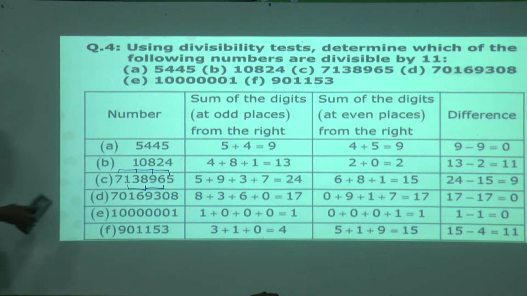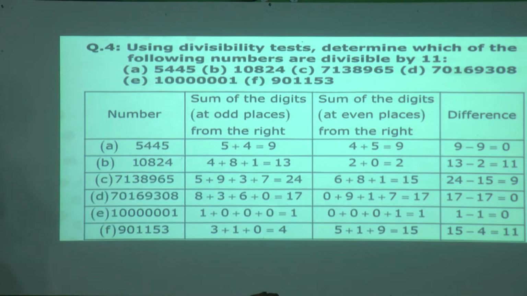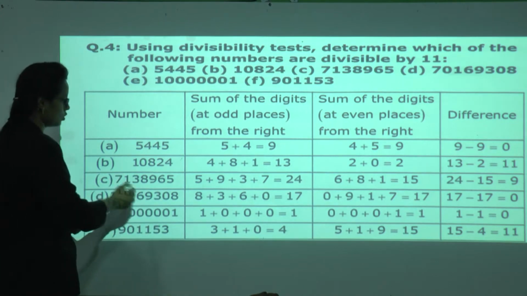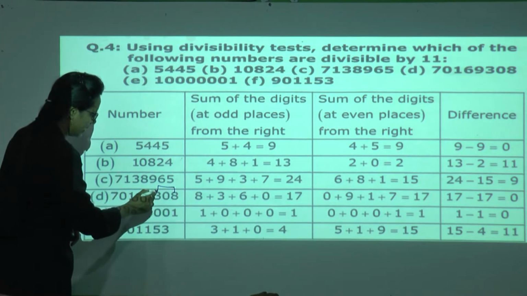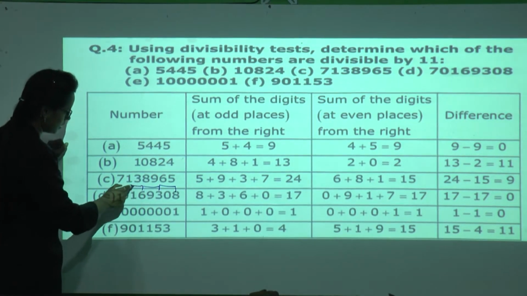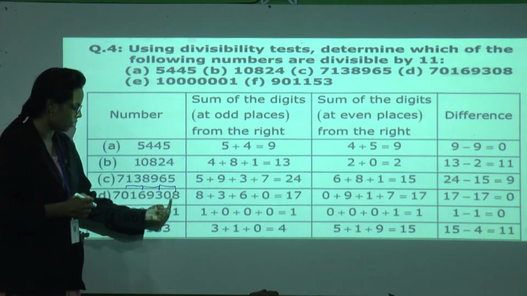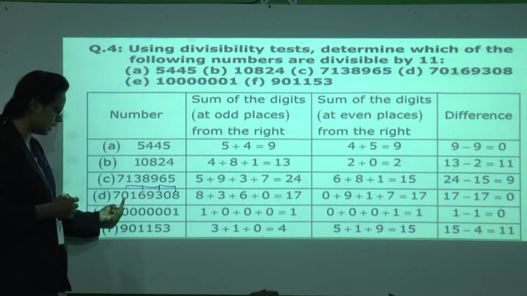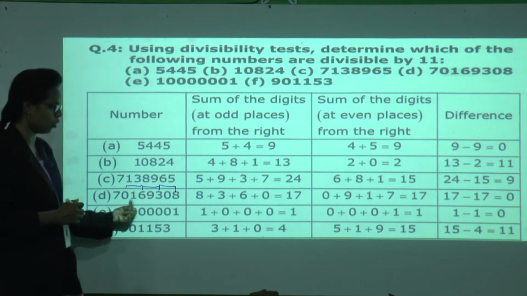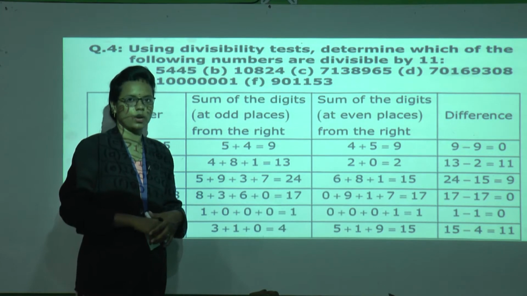Let us see the next one. Again it's a very large number. So take its odd places from the right: first, third, fifth and seventh. Those are 8, 3, 6 and 0. So 8 plus 3 plus 6 plus 0 is 17.